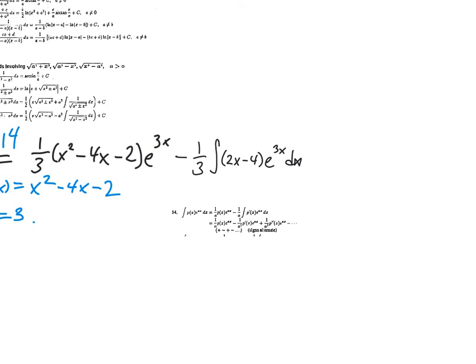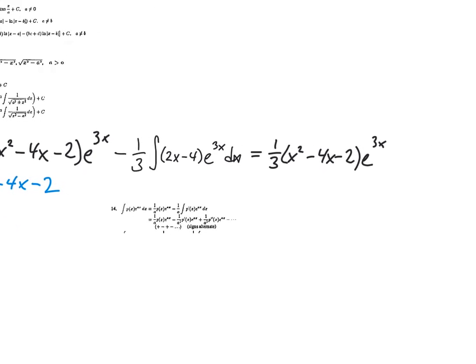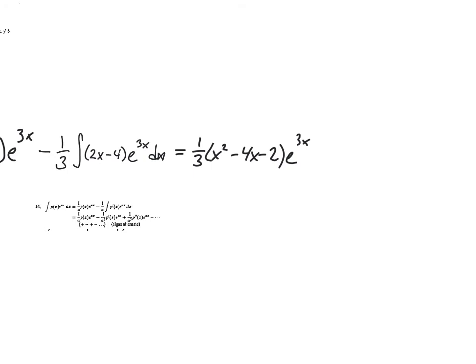So I'm just going to keep in mind here, I've got 1/3 x squared minus 4x minus 2 e to the 3x minus this integral here. Now, at this point, I'm going to try and simplify this.